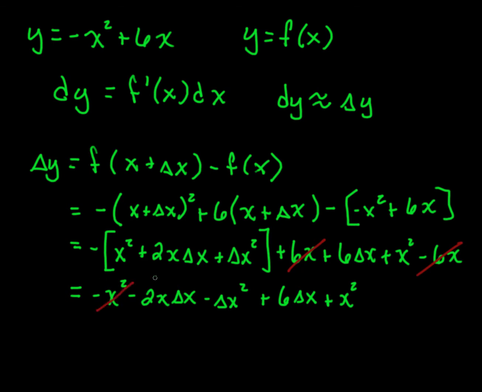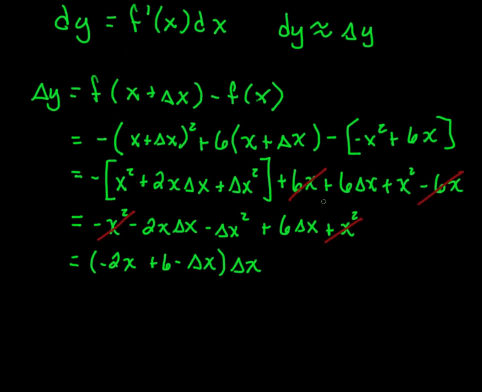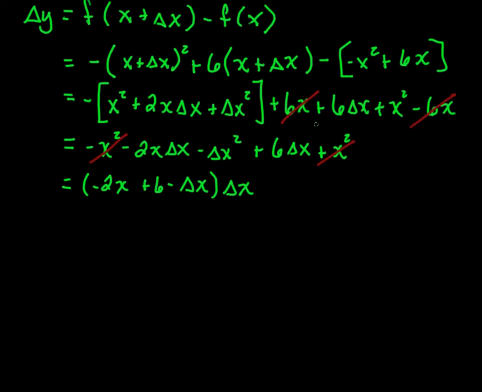So we get here's a minus x squared, positive x squared. Everything else has delta x's in it. And for ease of notation in a second, I'm going to factor that out. So this is going to be minus 2x plus 6 minus delta x, and I factored out a delta x because I know in the next step I'm going to want to cancel. Great.